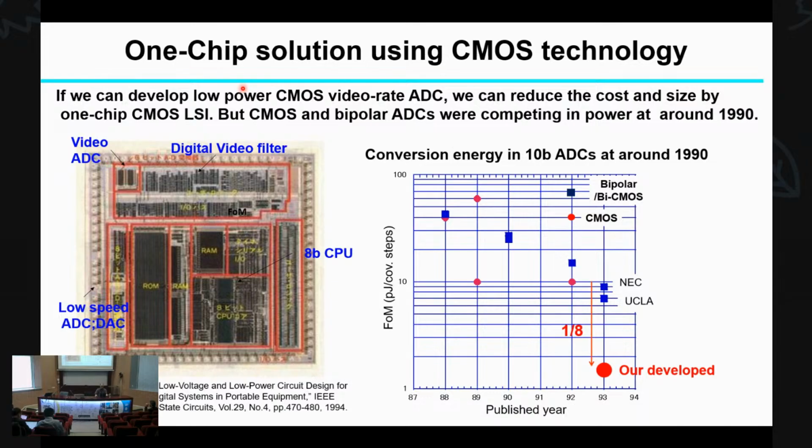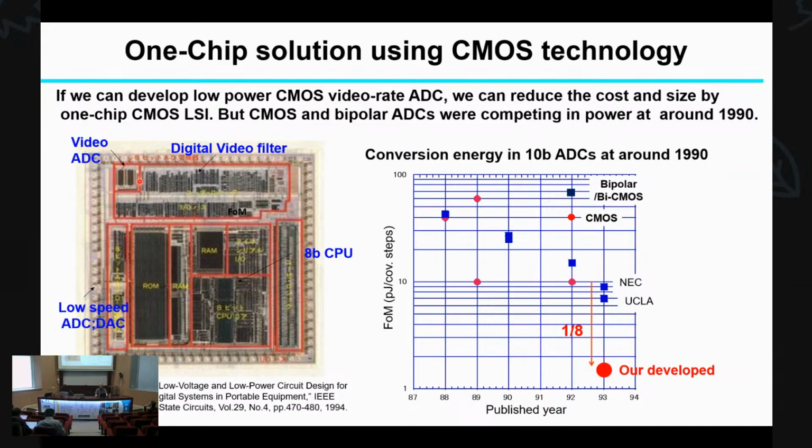The aim of why the CMOS ADC is needed: one great motivation is to realize a one-chip solution, such as this video rate ADC, these digital video filters, and this 8-bit CPU.